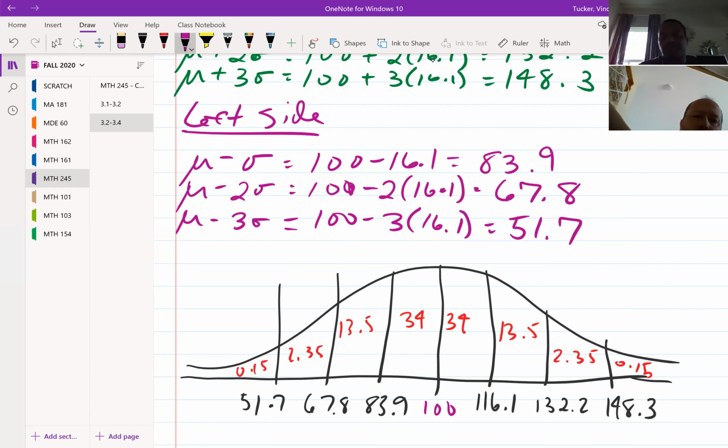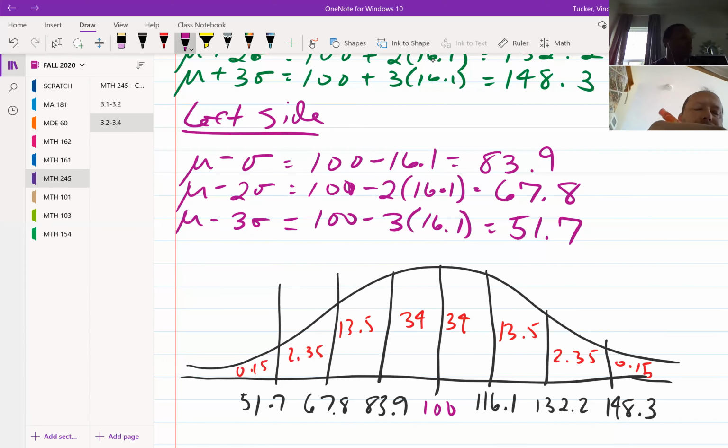You can see that between 83.9 and 116.1, that should be 68% of your data. That's just adding up your pieces, 34 plus 34. Or if you want to say what percentage of the students we expect to score between 116.1 and 132.2, that would be 13.5% of the students.